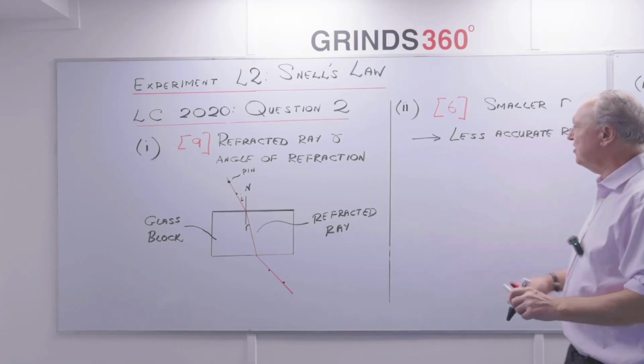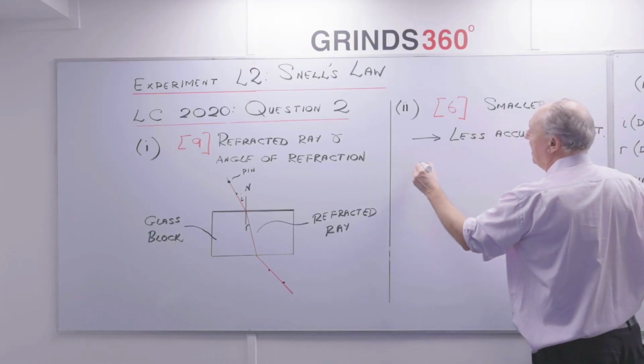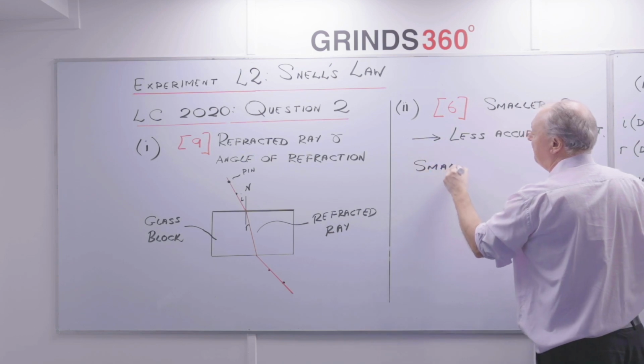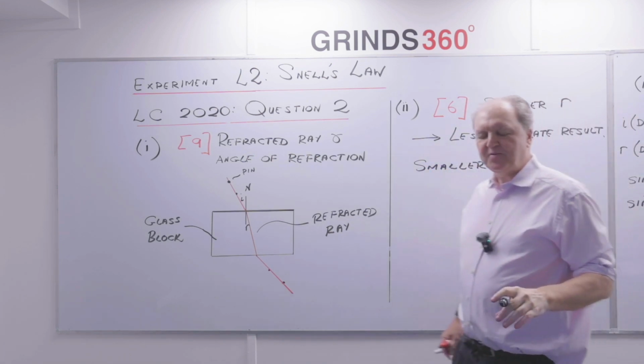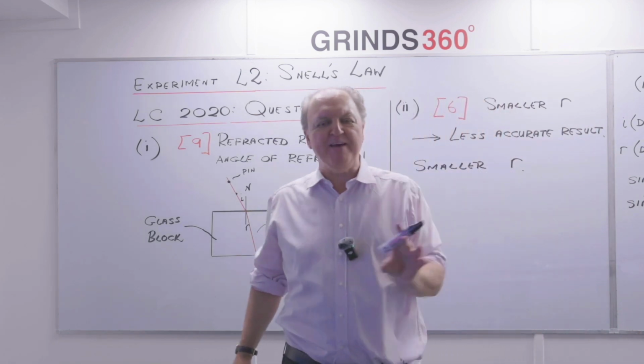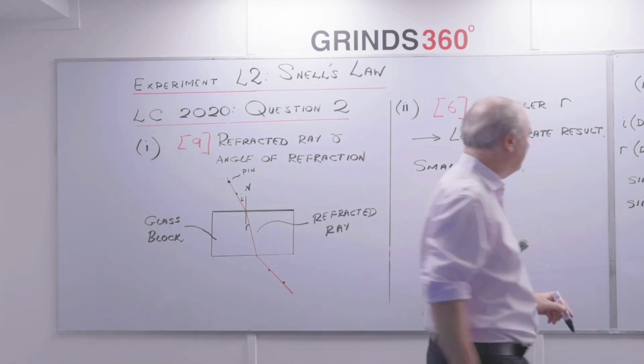So part 2, the question asks me, why would a smaller angle of incidence have led to a less accurate measurement of the angle of refraction? Well, a smaller angle of incidence will give you a smaller angle of refraction, so you will get a smaller value of R. And when you're measuring smaller values, they have what we call a higher percentage error.